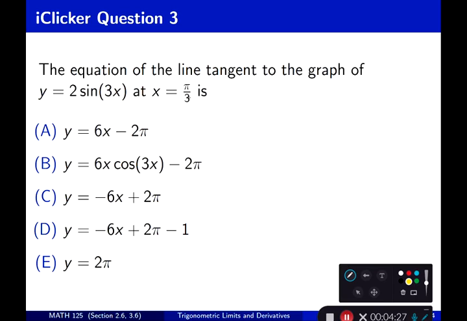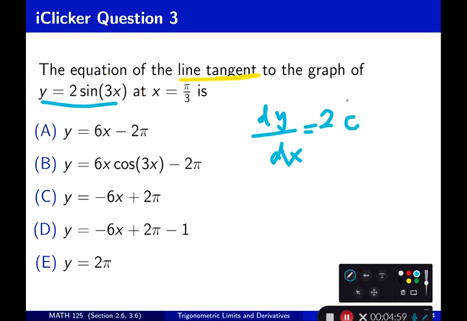So I hope you paused and know your solution to the question. The first thing is that it's asking for a tangent line. Therefore, I'm going to take the derivative of y with respect to x. 2 is a constant coefficient.